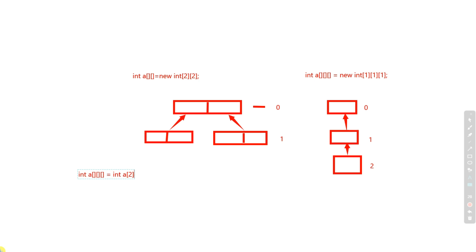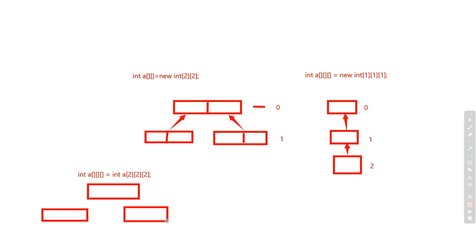I'm showing how the memory is going to be allocated. Okay, if it is like this, the memory allocation will be 2, and again 2 blocks, and again 2 blocks.